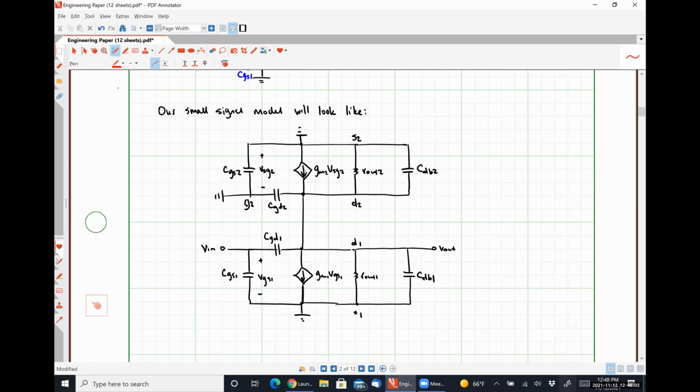Zero, which means this current source doesn't contribute. And since VSG2 is 0 volts, this capacitor CGS2 is shorted out, and so it won't contribute anything. So between our drain node, where the two drains are tied together, and the ground, we will have R out 1, CDB1, CDB2, CGD2, and R out 2.